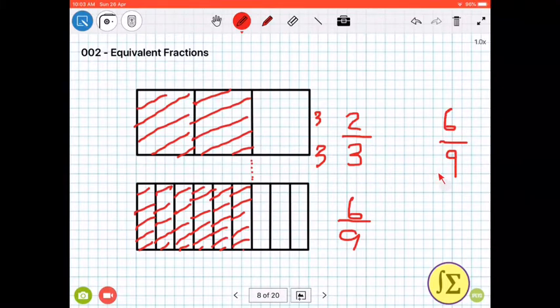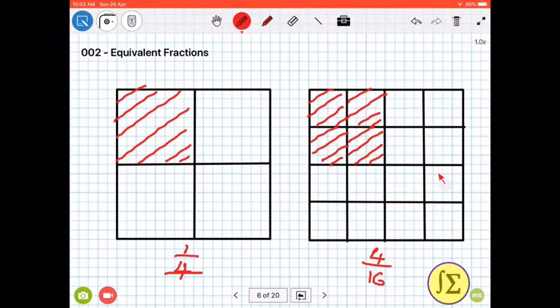Let's go back and look at the other example that we did earlier. We got 1 over 4 and 4 over 16. We take the larger numerator, 4, divide by 1, you will get 4.